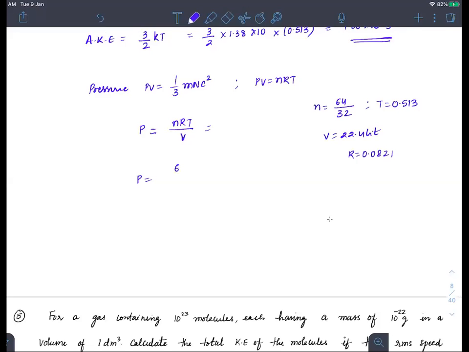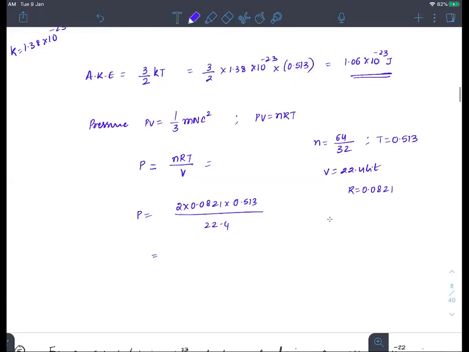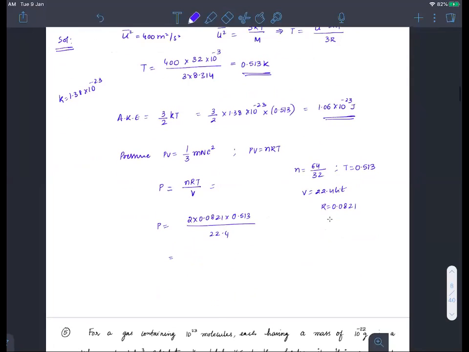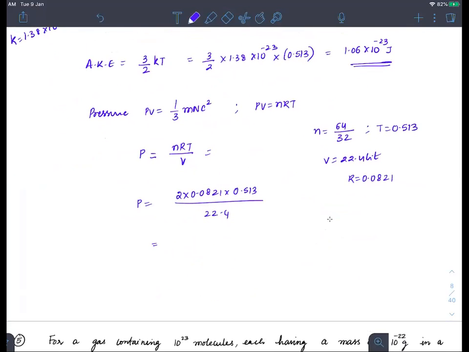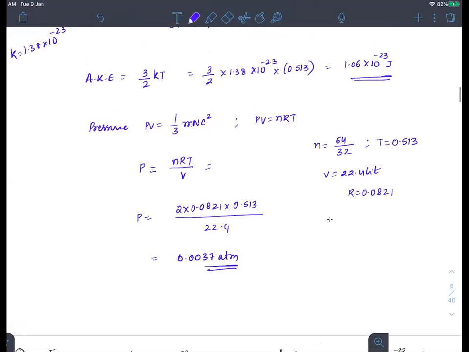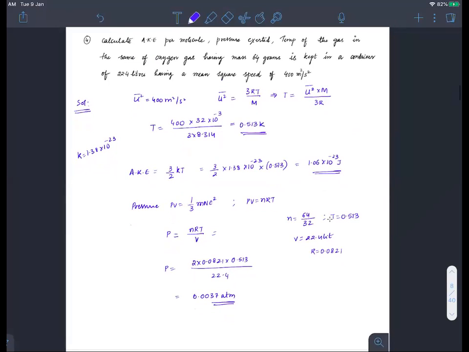Therefore number of moles is 64 by 32, which is 2, times 0.0821 into 0.513, divided by volume, which is 22.4 liters. So I guess all of you understood how to use the units. So that would come as 0.003780. Everyone just go through that once again.